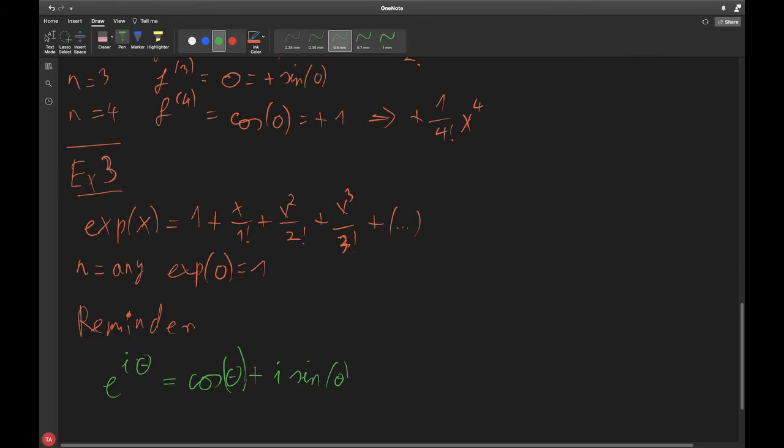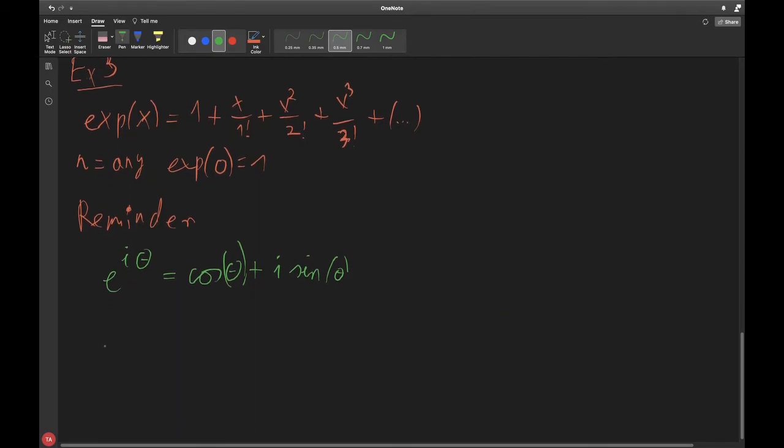So if I put i here, then what's going to happen with this expansion is that if n is even, then there are going to be minus 1 factors. And if n is odd, then we just have i, right? Because i to the nth power, any odd power, is going to be i again, or minus i.